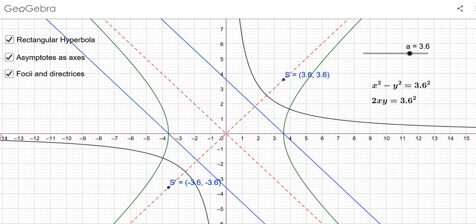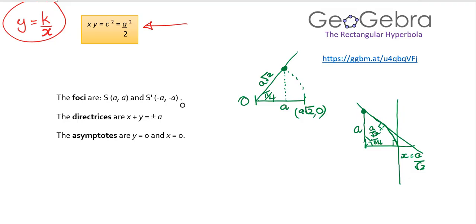So you can see where the asymptote cuts through the axis is at plus 3.6 and minus 3.6 down here. Now if you'd like to reinforce for yourself why that is, imagine the location of the focus as (ae, 0) and we rotated that around through 45 degrees.